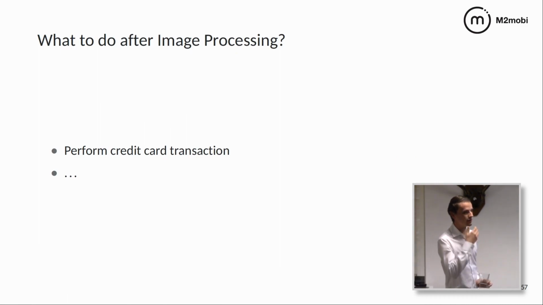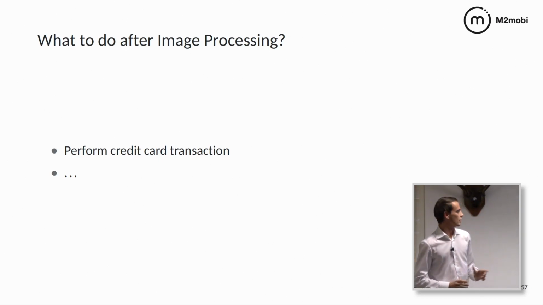So what to do after image processing? Well, in this case, because it's mobile ordering, you probably want to submit the credit card information to your payment provider, and the user probably still has to fill in the security code and then do a payment.